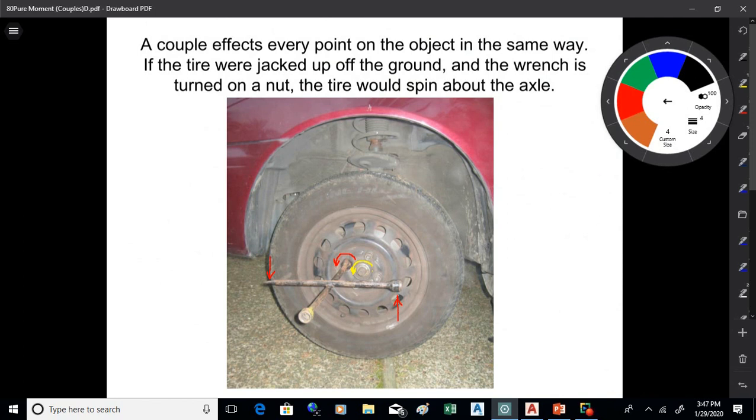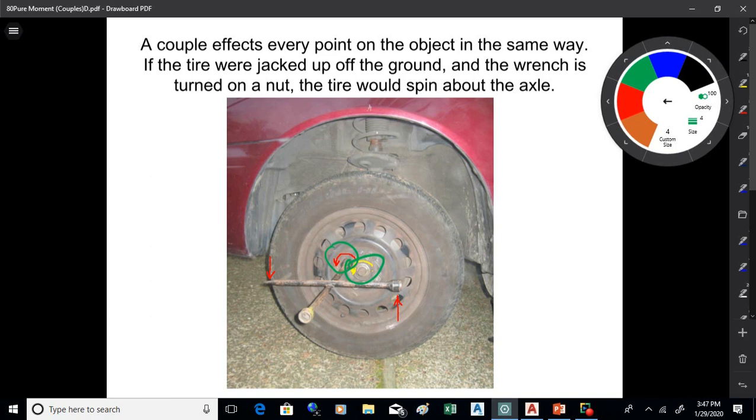What's going to happen to the wheel if I do that? Start to spin, right? Where am I applying that couple about? I'm applying it about the nut, right? But it ends up affecting the axle bolt. So even though I apply the couple over there, it affects the wheel about that central nut there, and the wheel spins. So there's an example of how this couple affects every point on the object equally.